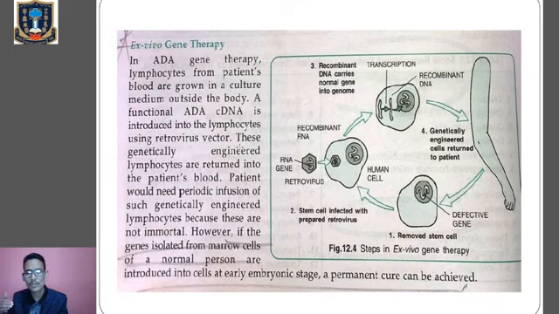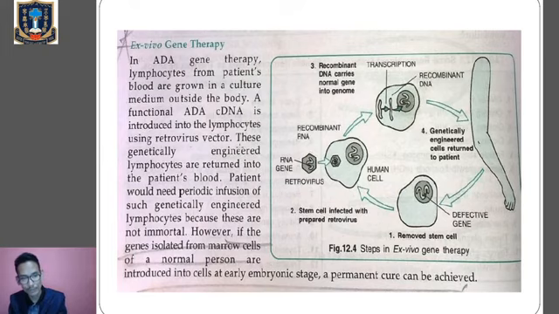Then we are introducing functional ADA cDNA into the lymphocytes with the help of a vector, that is the retrovirus vector. And the genetically engineered lymphocytes are returned back into the patient's blood. But periodically we have to introduce these genetically engineered lymphocytes into the patient's blood because lymphocytes are not immortal.